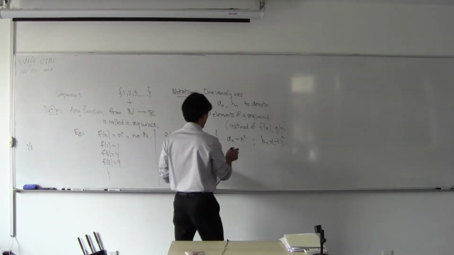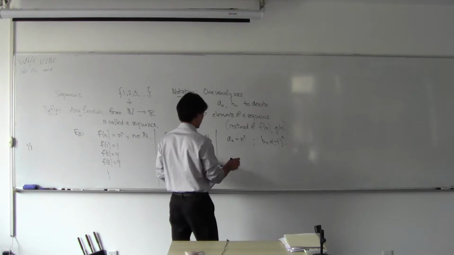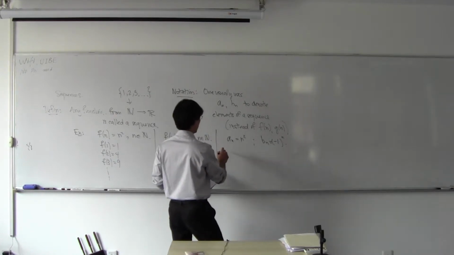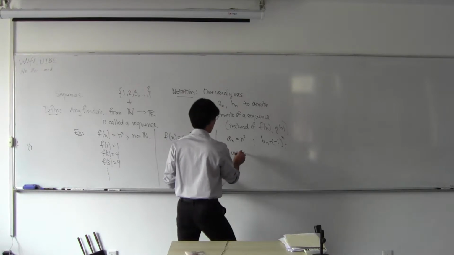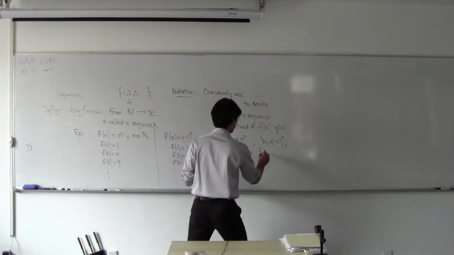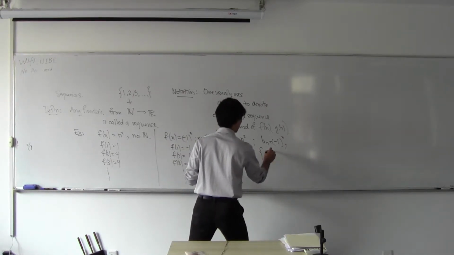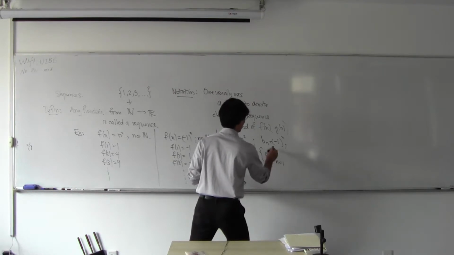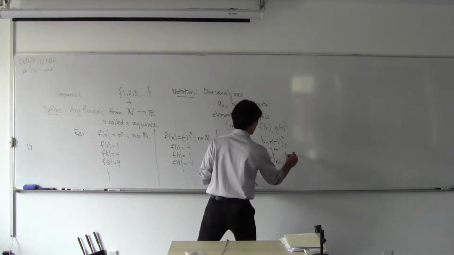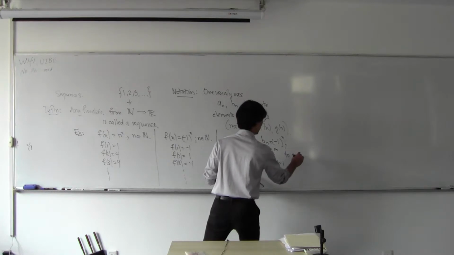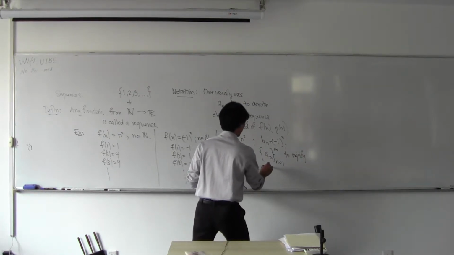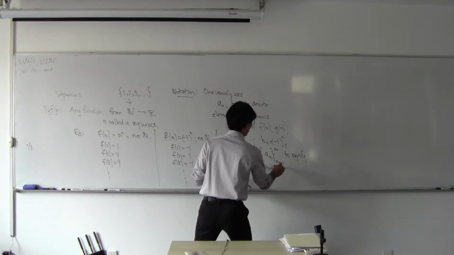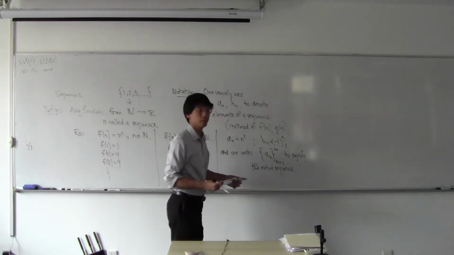And one writes something like this, brackets a sub n, n from 1 to infinity, to signify the entire sequence. So use this bracket.